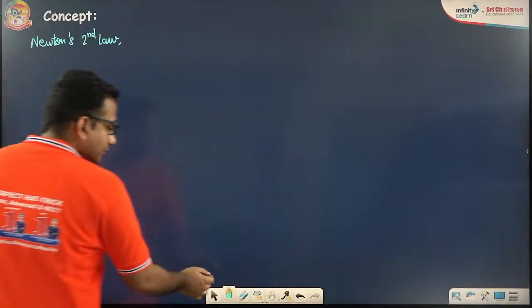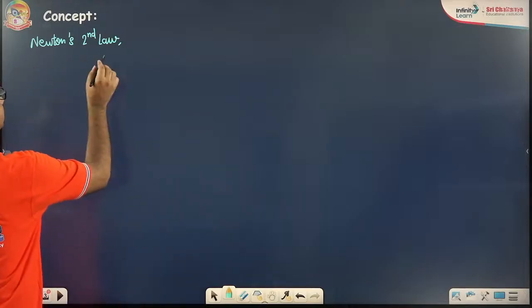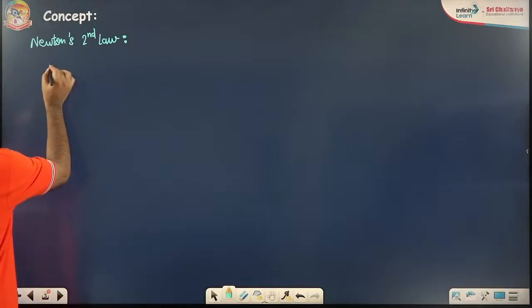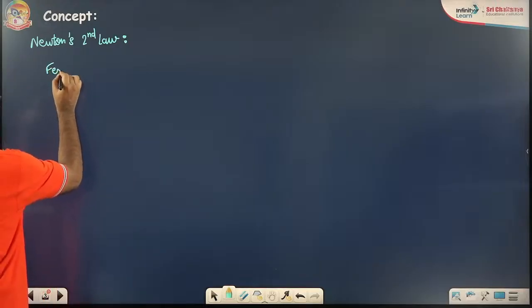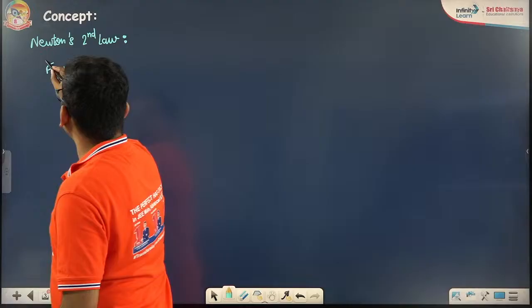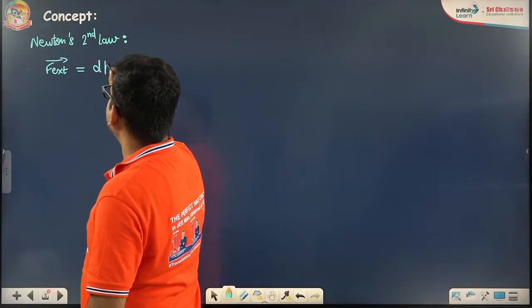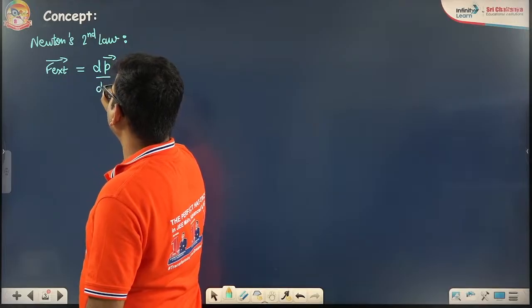So Newton's second law says that the time rate of change of linear momentum of an object is the external force applied on it. So external force is equal to dp by dt.